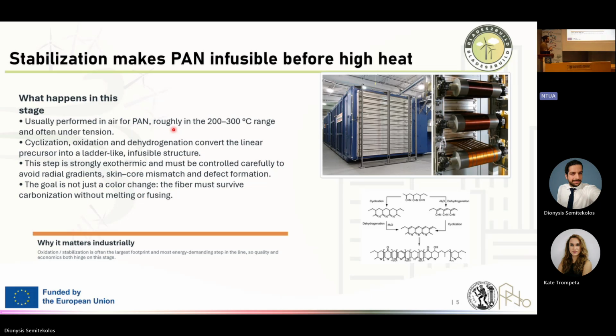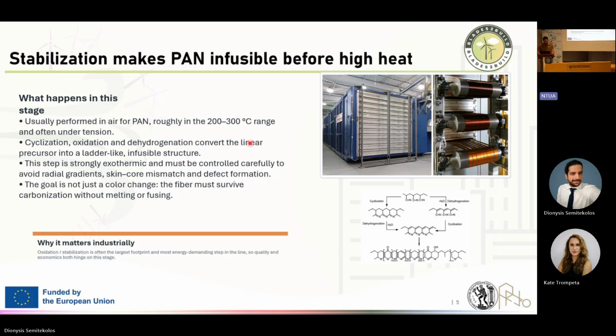This is very important because later on, when we increase the temperature, we need this material to withstand it and not melt. Okay, this is the goal of the stabilization.